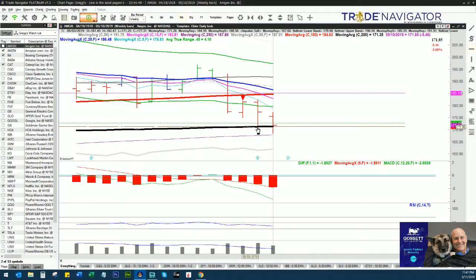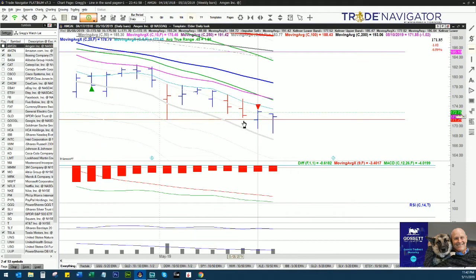These moving averages, no matter what time frame that you're using them on, do have some significance. So the previous week, it had tested the 200-day and then bounced off of the 200-day. So when I took my trade, I knew that already, and that gave me another reason to take the trade.